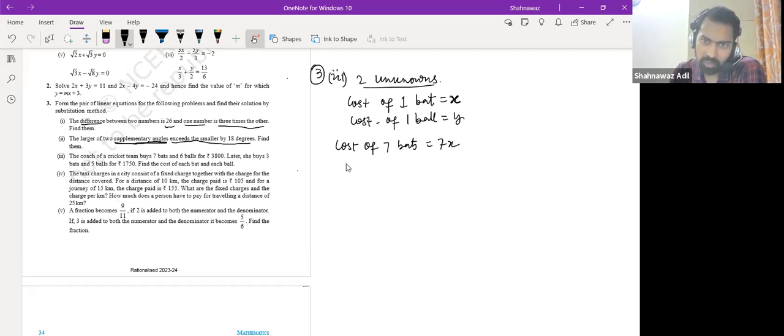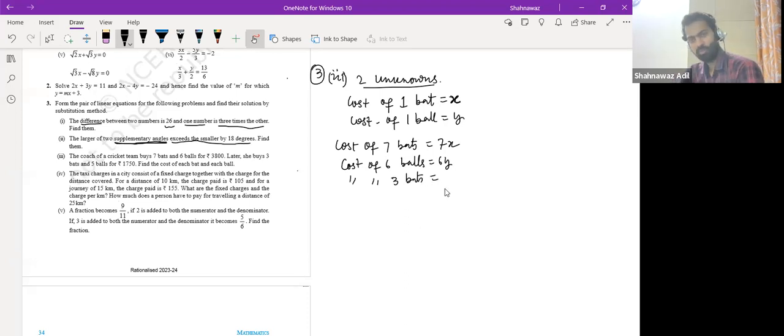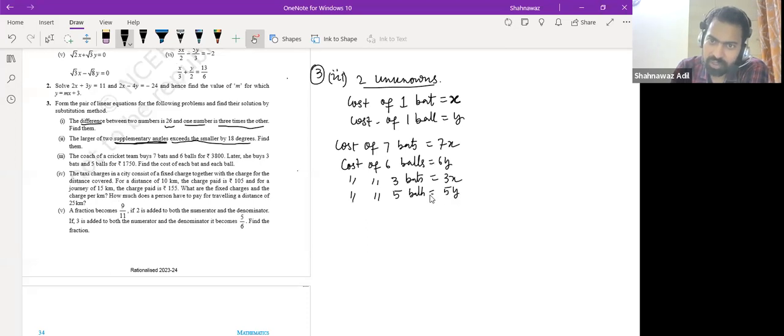Similarly, 6 balls would be 6y, and the cost of 3 bats would be 3x, and the cost of 5 balls would be 5y, right? Now we have all of it. So now let us write the equation.